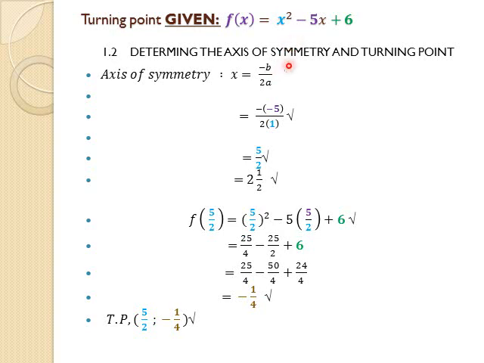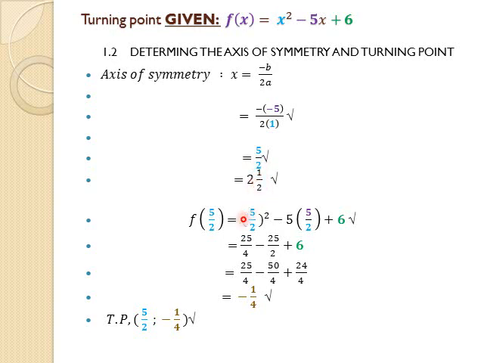So minus b, minus the 5, negative times negative gives me positive 5. For a is 1, the invisible 1 in front of x squared, 2 times 1. So my axis of symmetry is 5 over 2. You can also write it as 2.5.